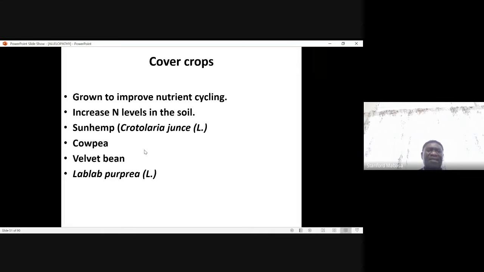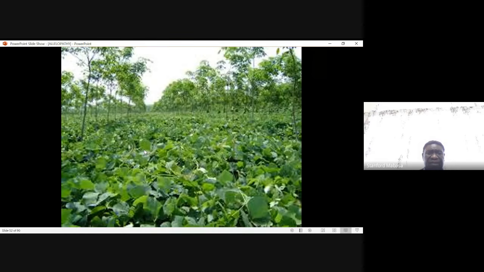They can get grain from it, improve soil fertility, and kill weeds at the same time. Maybe it could be attractive. This could be cowpeas, which can suppress weeds.